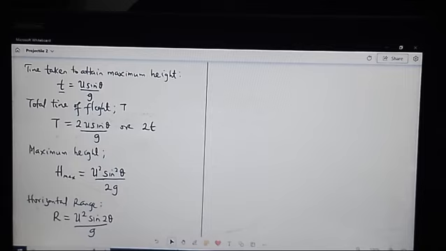In the case where the range is maximum, theta is 45 degrees. So in that case, sine 2 theta will be equal to sine 90 degrees, which is equal to 1.